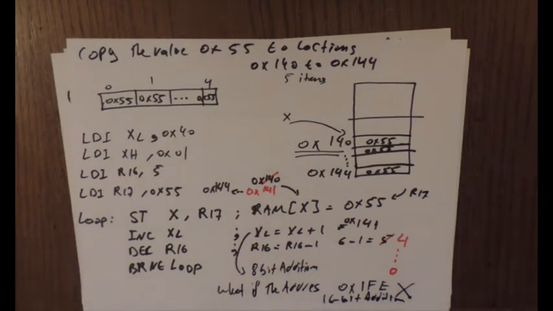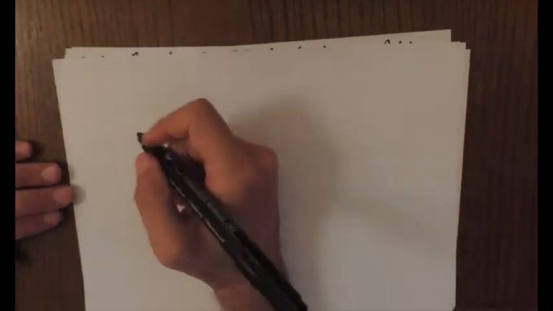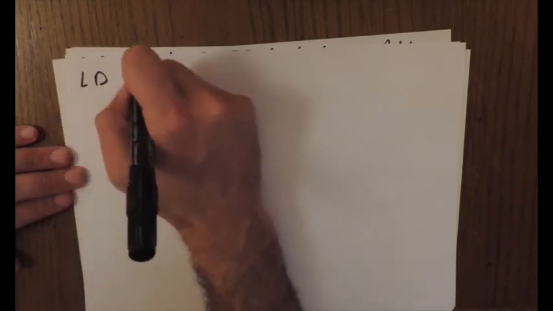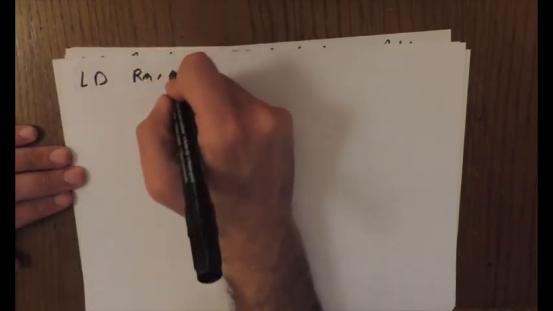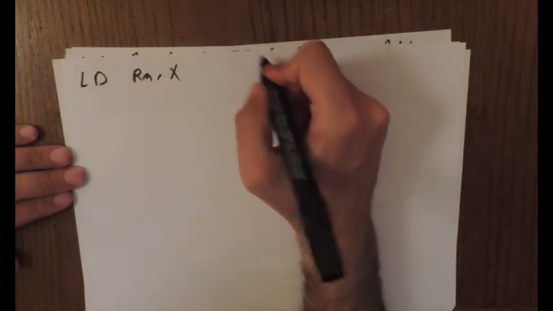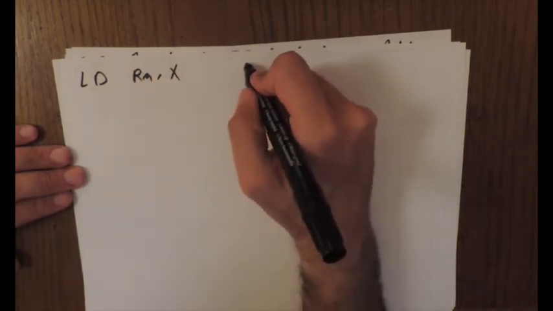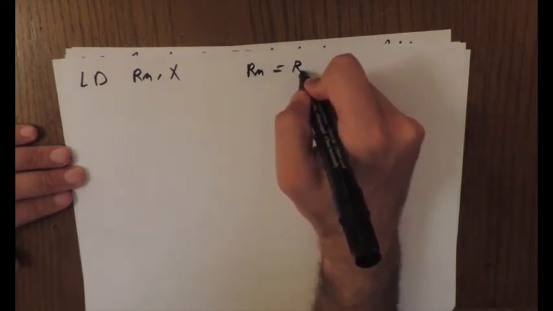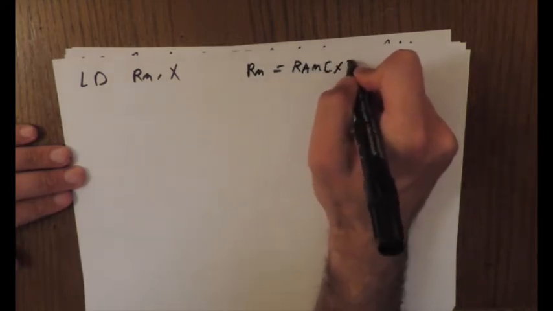However, we have some nice directives that we can go with without doing the 16-bit addition. We know that ld rn comma x will load rn equal to ram of x.